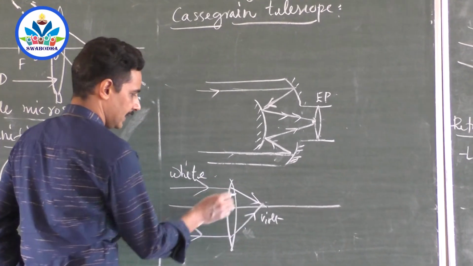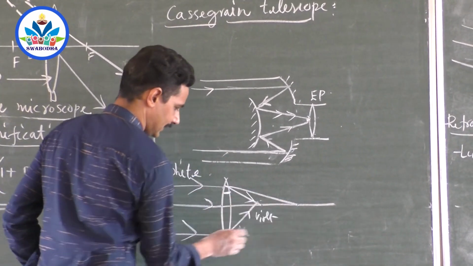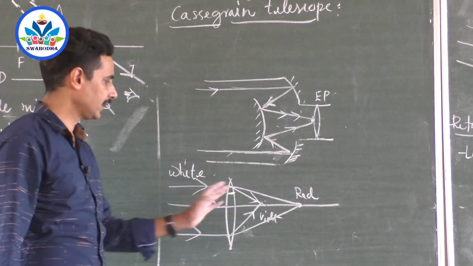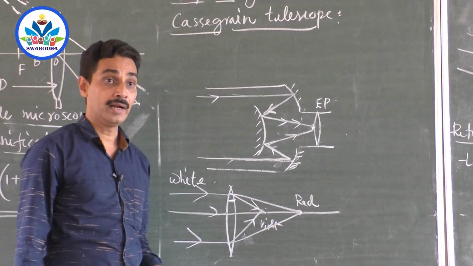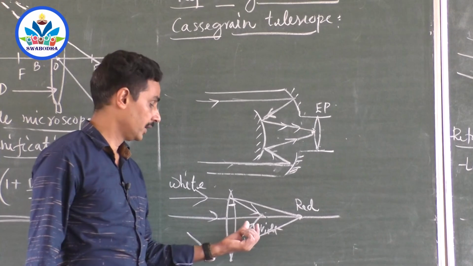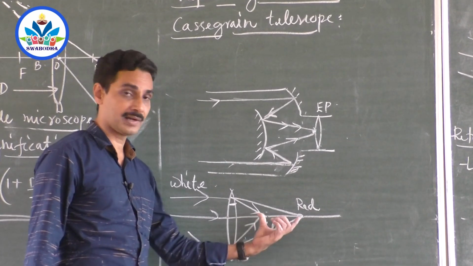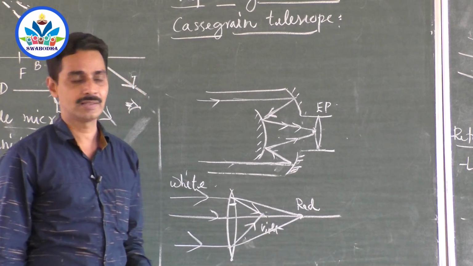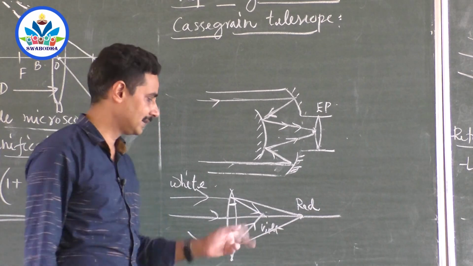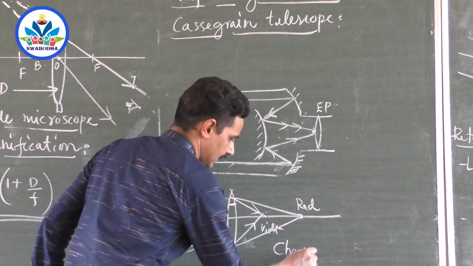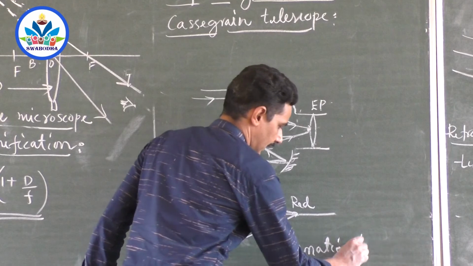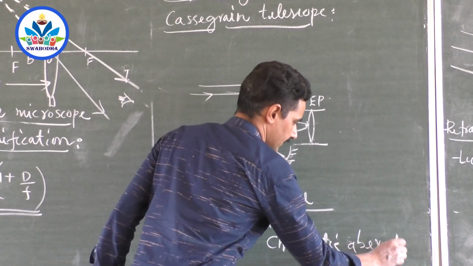Red rays are bent less, so they get focused here. So the rays after refraction are multicolored and they do not meet at the same point. Violet rays get focused at one point, red rays at another. So the image is not clear, it is blurred, and this is called chromatic aberration. You get a multicolored image.